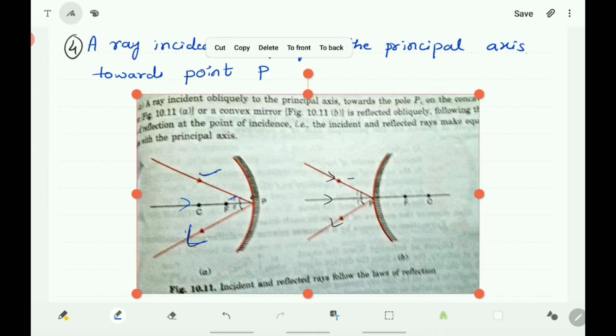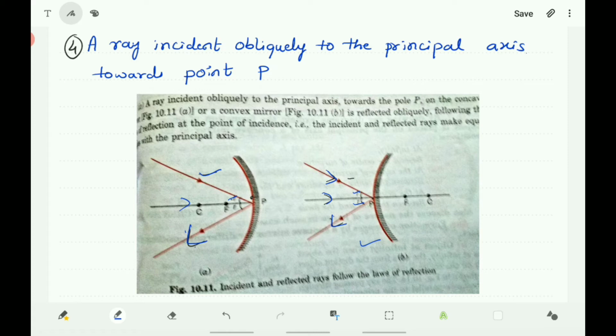By following the law of reflection, the oblique ray reflects obliquely. In the case of a convex mirror, a ray passing obliquely hits the pole and the reflected ray moves obliquely. Here also the angle of incidence equals the angle of reflection. This is the method of reflection of the four types of rays.